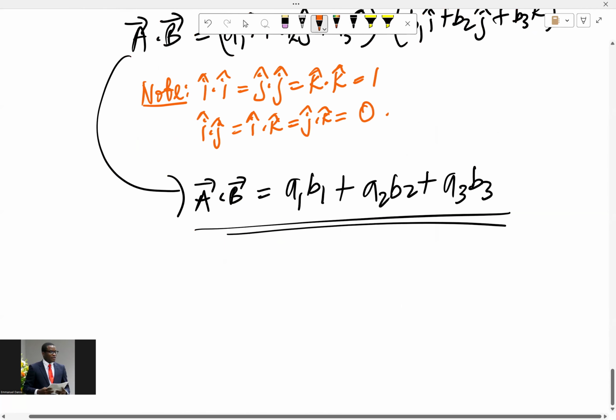So, the geometric interpretation of the dot product.